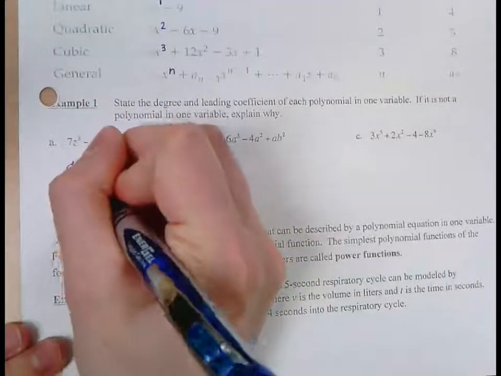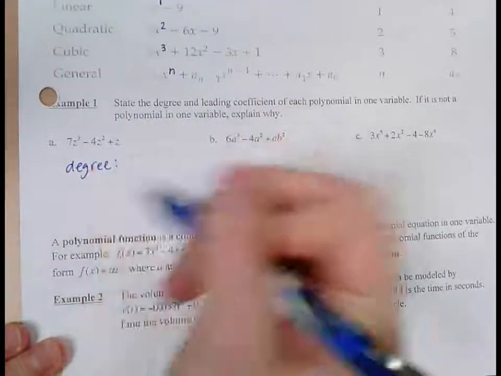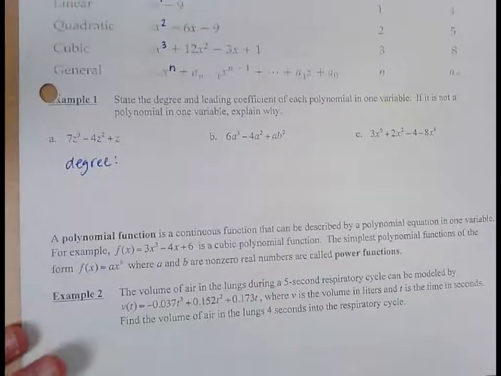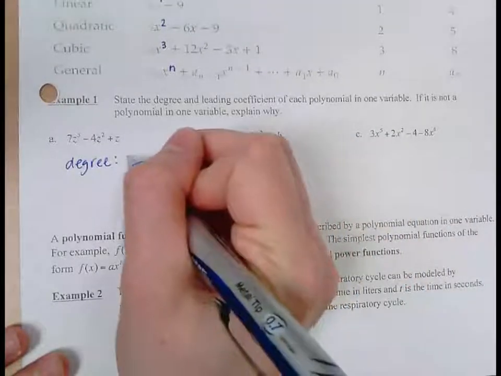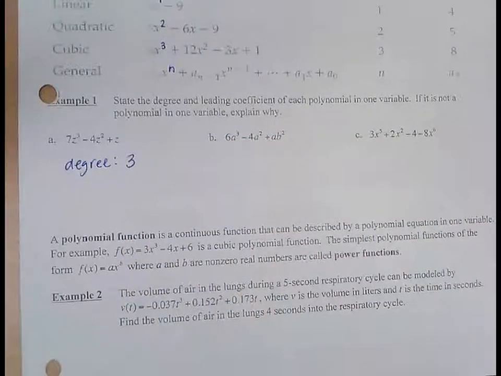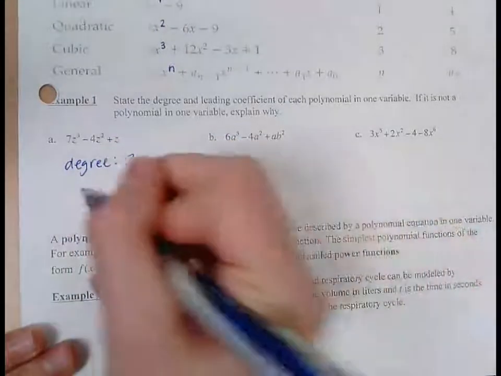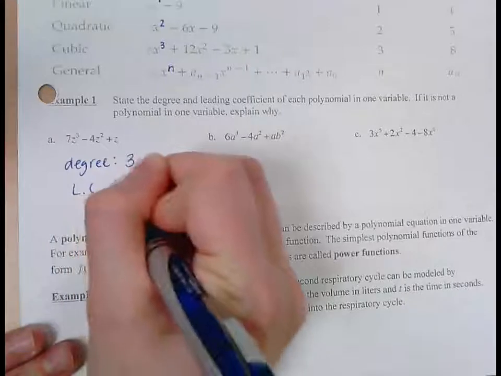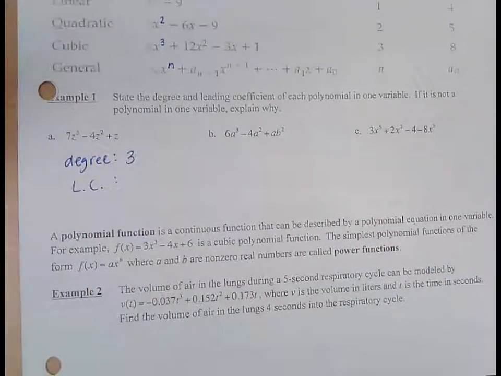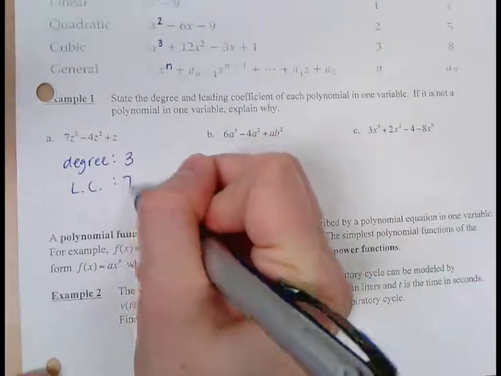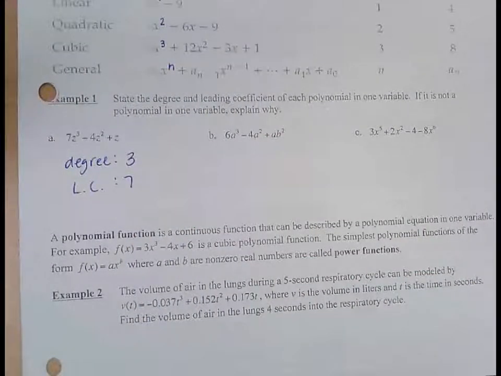What would you say the degree is? 3. So no calculations. The highest exponent is 3. That's the degree. And then I'm going to abbreviate leading coefficient with LC. What do you think the leading coefficient is? 7. The coefficient of the term that has z cubed.